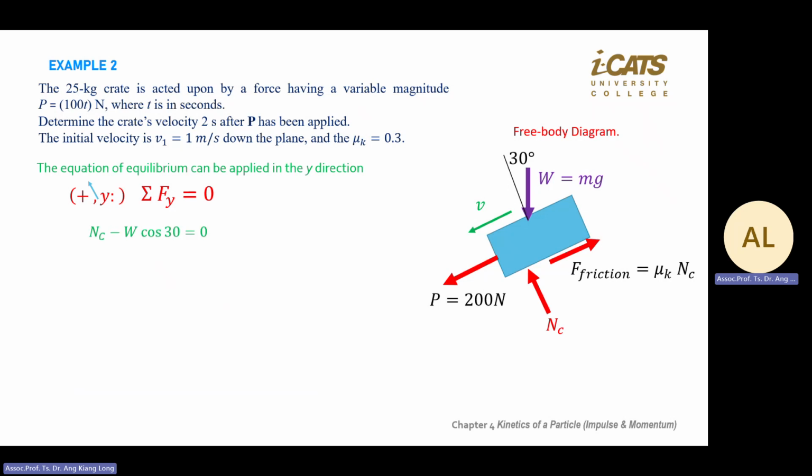Again, you have to mark your positive direction, following the perpendicular direction of 30 degrees here. So you solve by the equilibrium equation. All the y forces equal 0. So N_C minus W cos 30 equals 0.